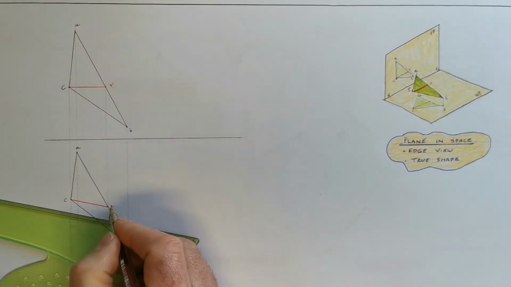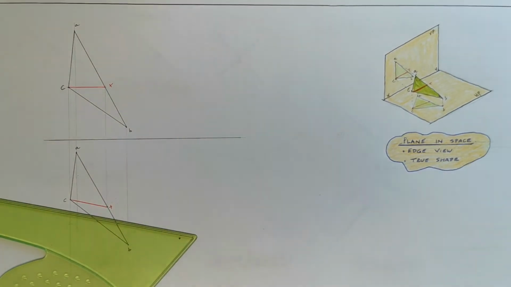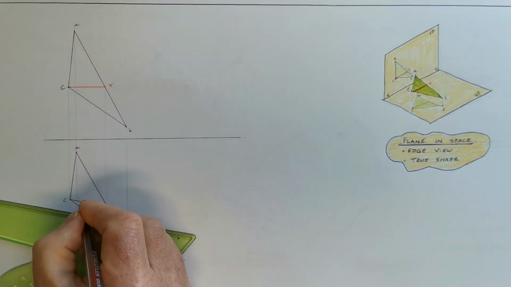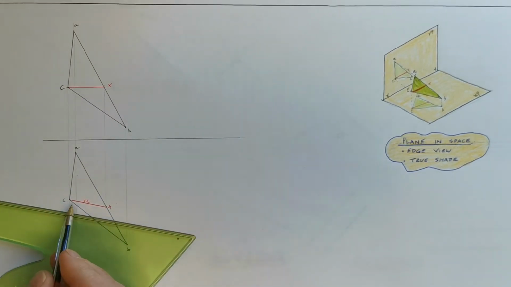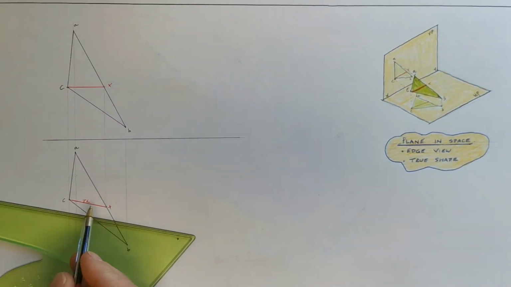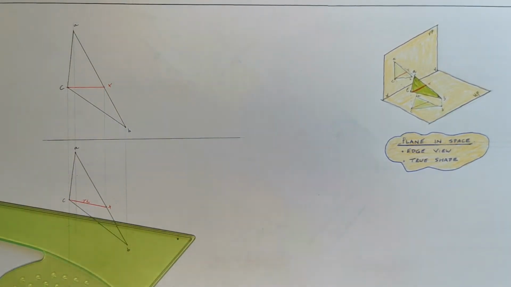But this CX line has some very important properties. First of all, it is a true length in plan, TL for true length, and it is horizontal. Because it is horizontal in elevation, it is horizontal in plan.